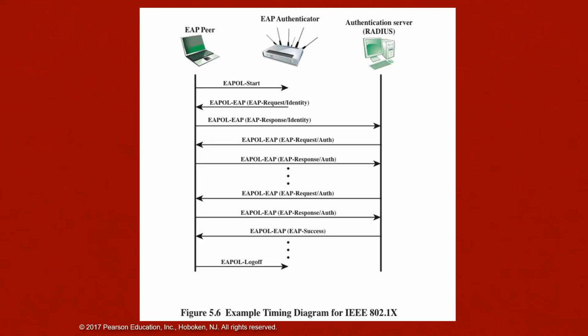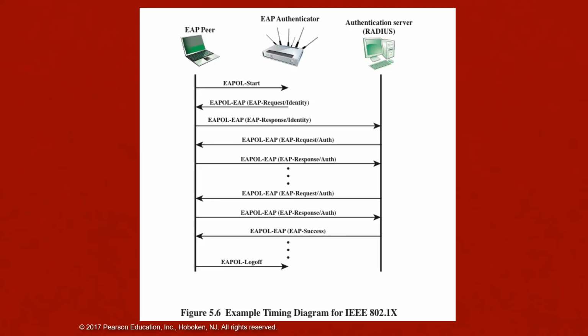The EAPOL packet format includes the following fields: protocol version, which is the version of the EAPOL. Packet type indicates start, EAP, key, logoff, etc. Packet body length. If the packet includes a body, this field indicates the body length. Packet body.